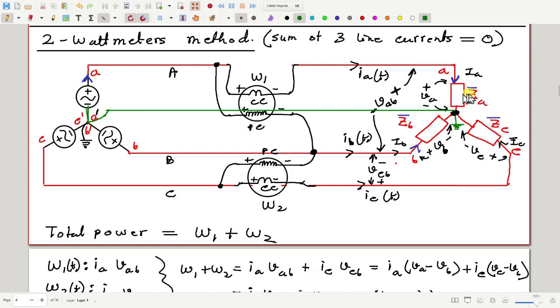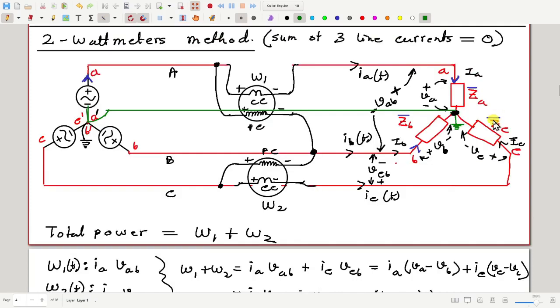Because if they are not summing up to 0, the residual current will flow through the neutral. Right? But if ZA, ZB, ZC are equal, then they will sum up to 0.